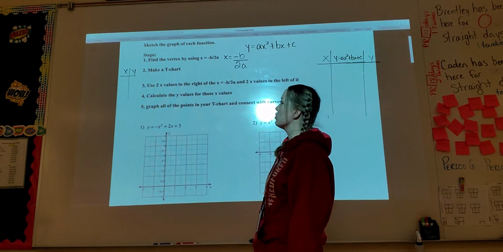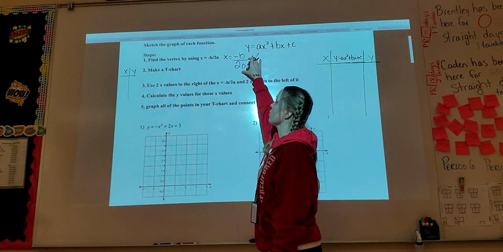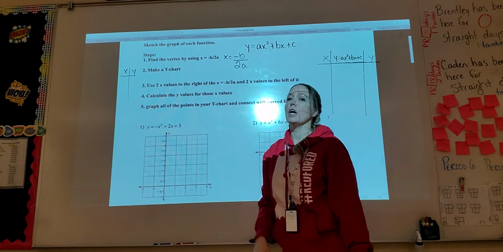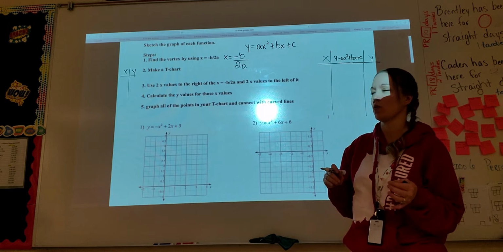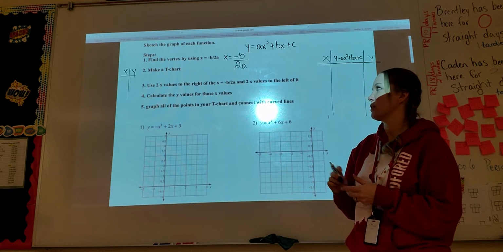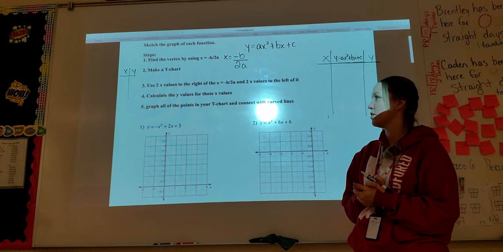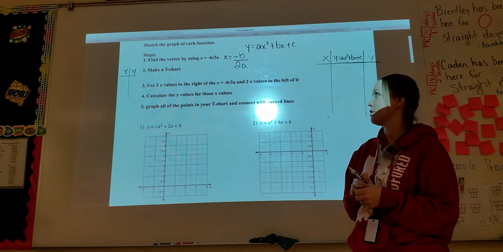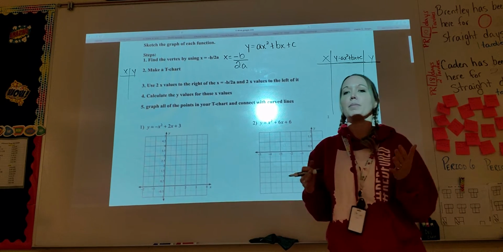Then it says use 2 x values to the right of the x that you found here, and then 2 values to the left of it. We'll talk about which values you should choose in order to check your own work when I start to do some examples. Then you will calculate the y values for those x values that you chose. And then you will graph all of the points in your t-chart and connect with curved lines, the parabola, to make that parabola.